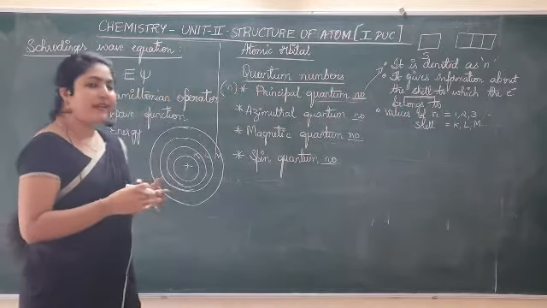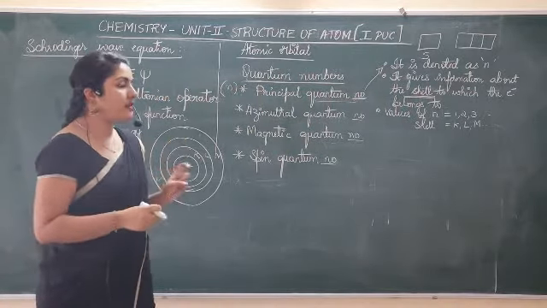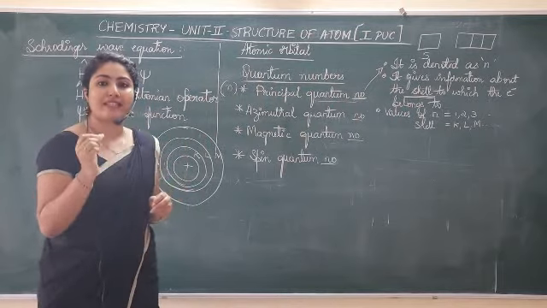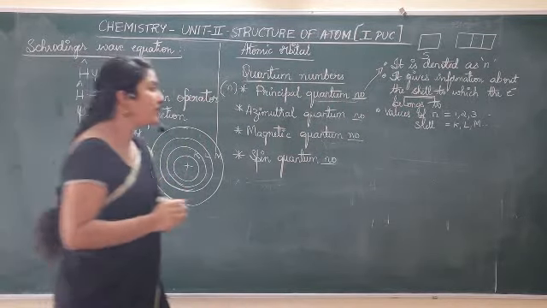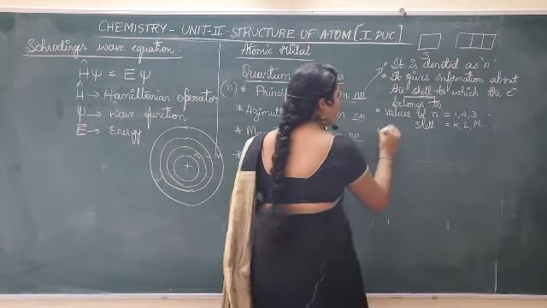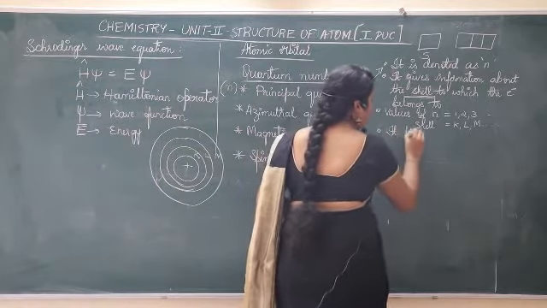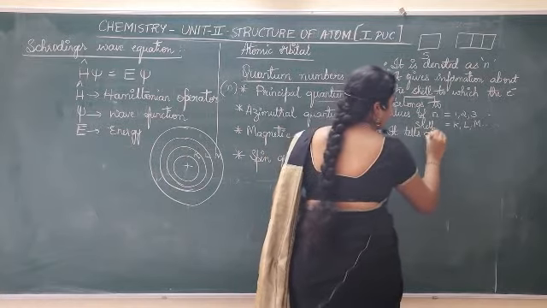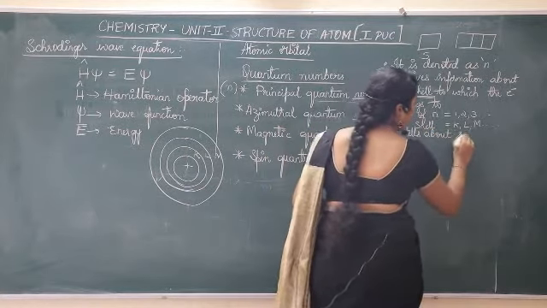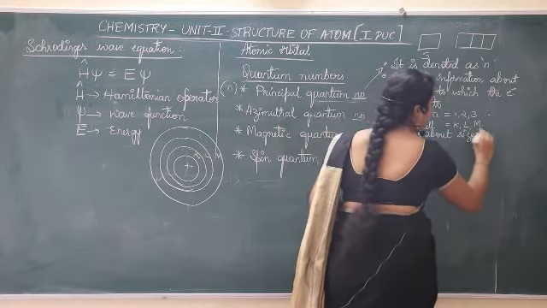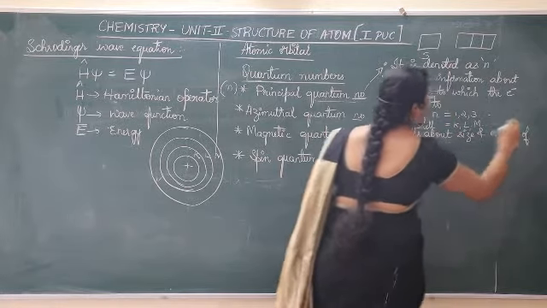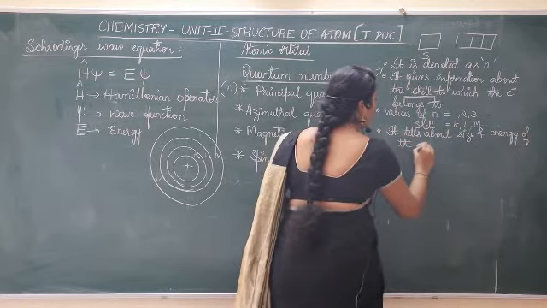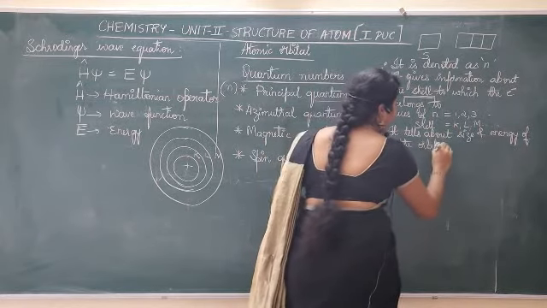It doesn't only tell about the main shell of the atom. Instead, it also tells about size and energy of the orbital. What does it tell? It tells about size and energy of the orbital.